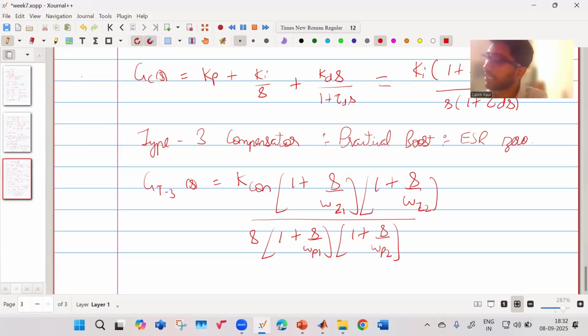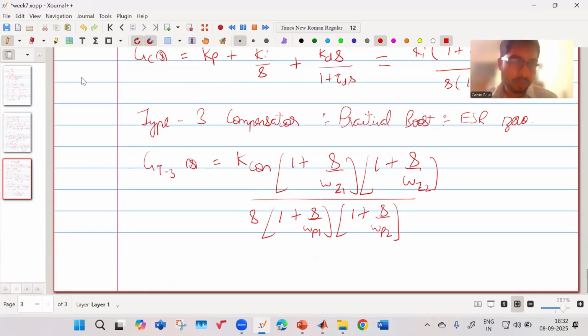If you want to cancel it out, we need this additional pole. Type 3 compensator.